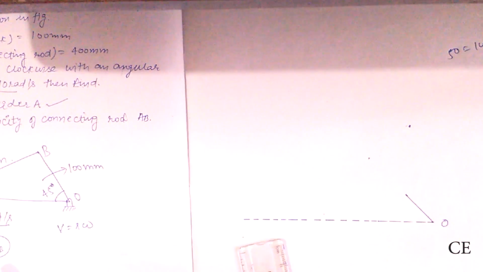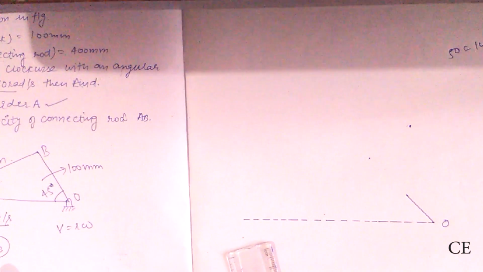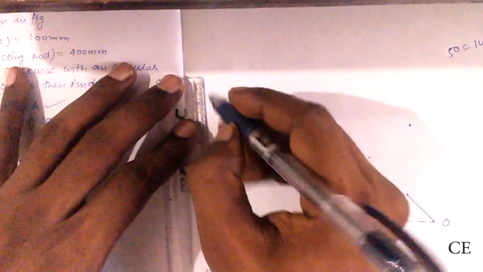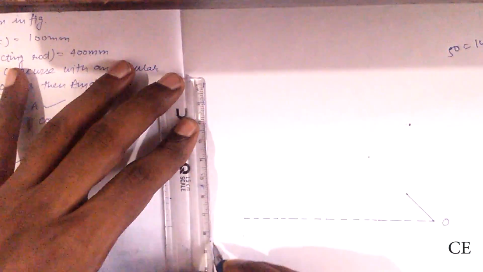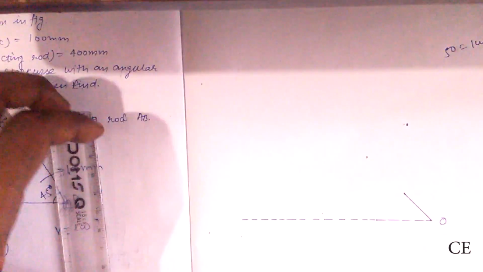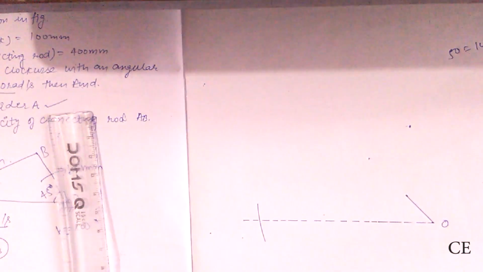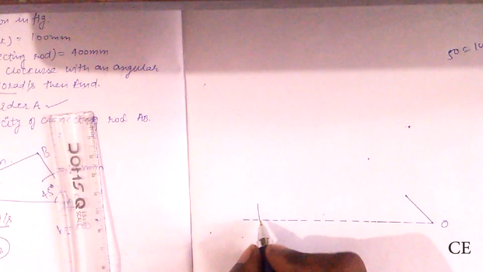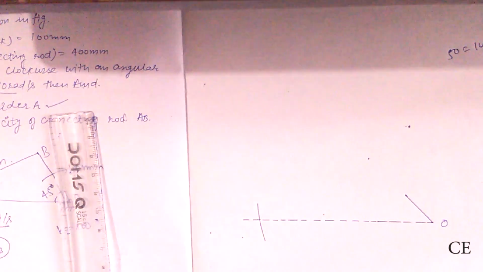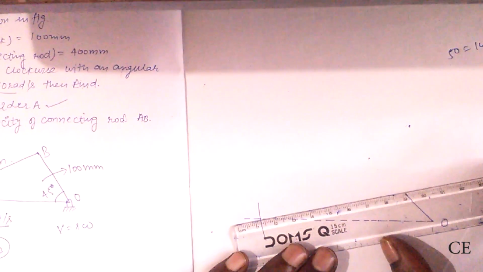Now for 400 it would be 8, so mark 8 centimeters. This question is very important because these questions are useful in the GATE exam as well as in university exams. So you need to do these questions carefully and properly.